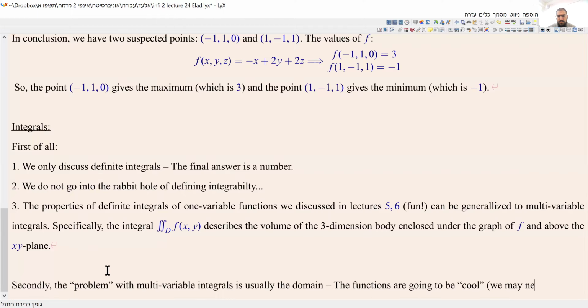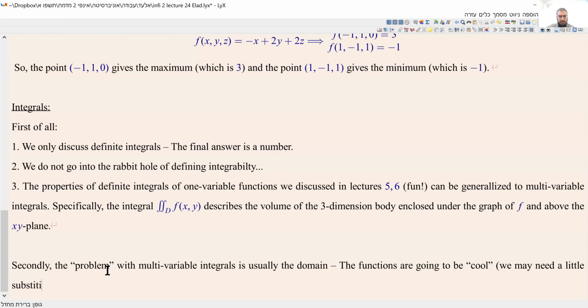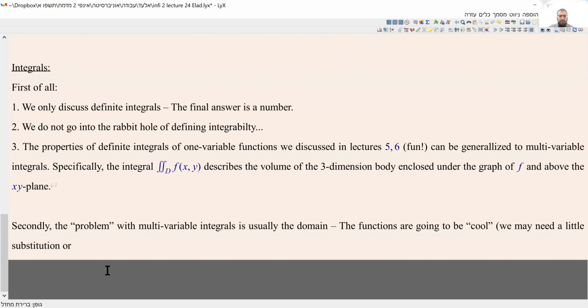We may need a little substitution, or an integration by parts.